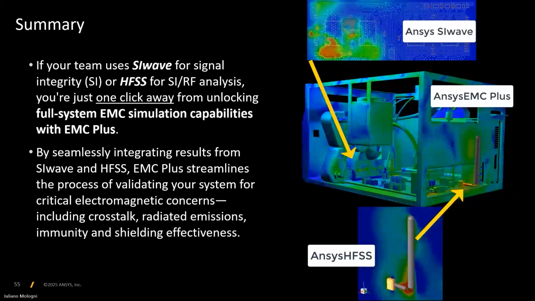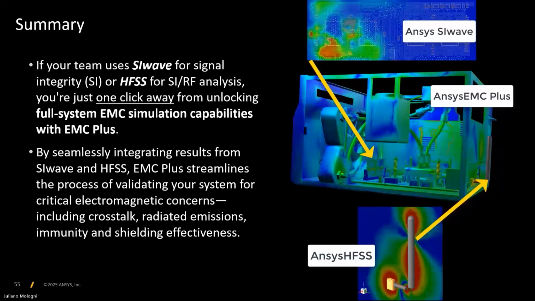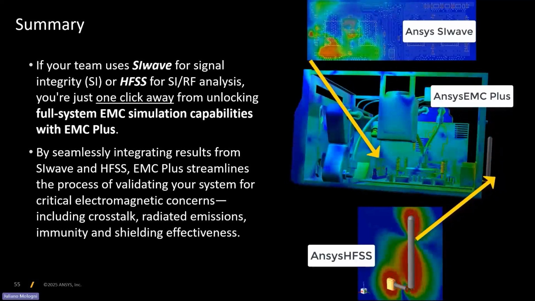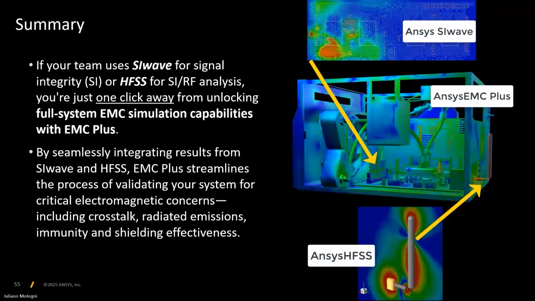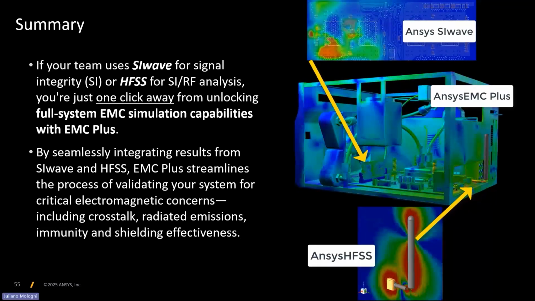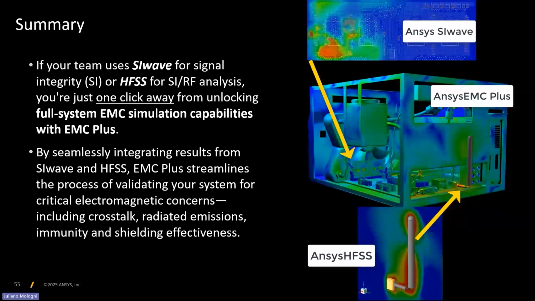Thank you. Next question is, how does it work for power supplies with MOSFETs or switches? Will we have to apply the voltages at different nodes in SIwave? Yeah, that's an interesting question. What we do in this case is what we call a co-simulation.